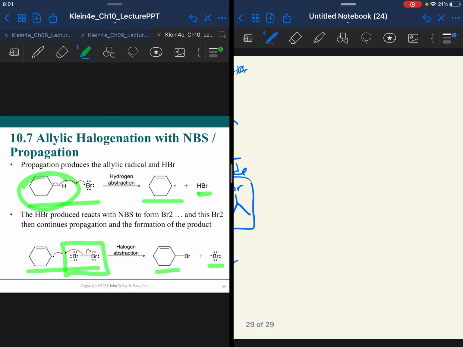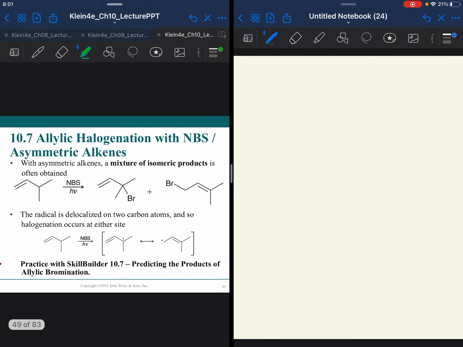Now, something that can happen when we have an alkene, because that allylic position is more stable, and why is it more stable? It's more stable because of resonance. You can get two different products.